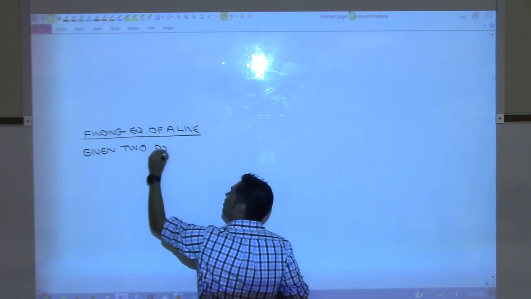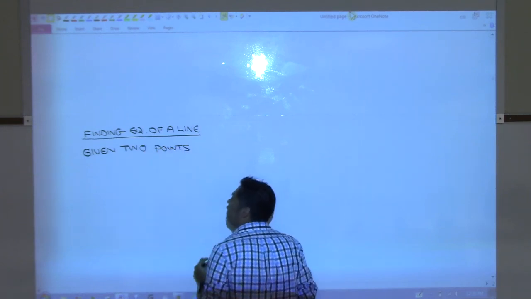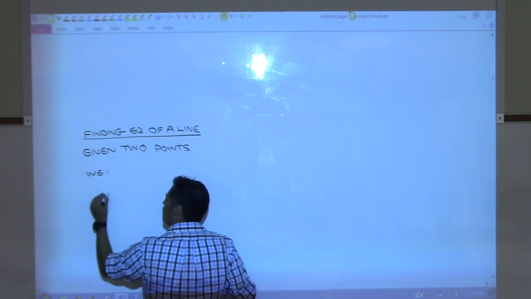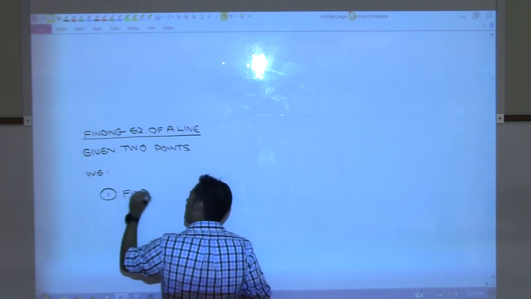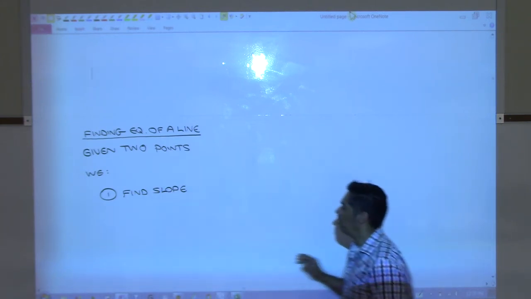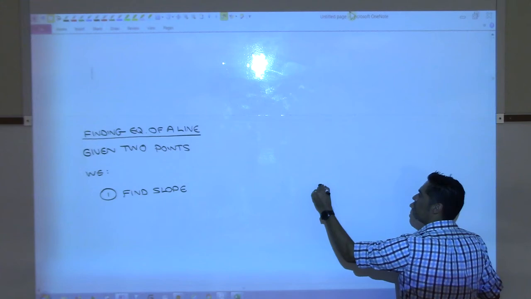Given 2 points, we first find the slope of the line. If someone gives us 2 points that lie on a line, we want to know the equation of that line. I'm going to draw a picture that goes with this.